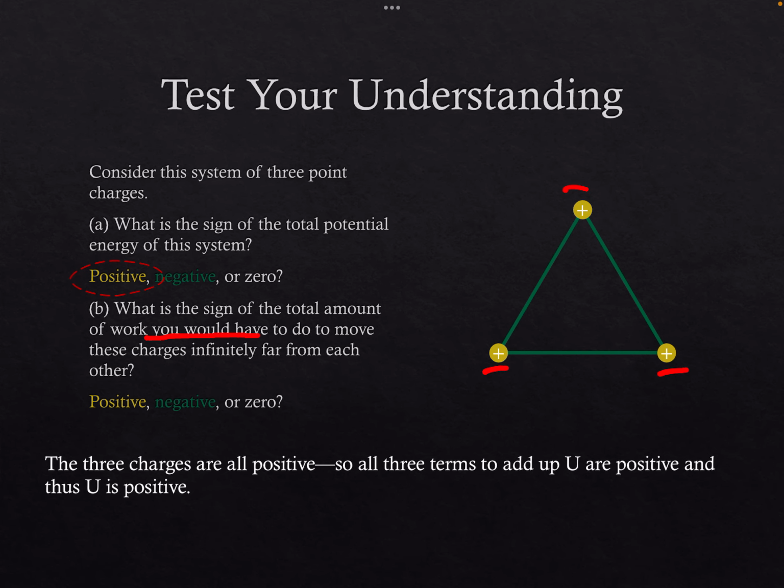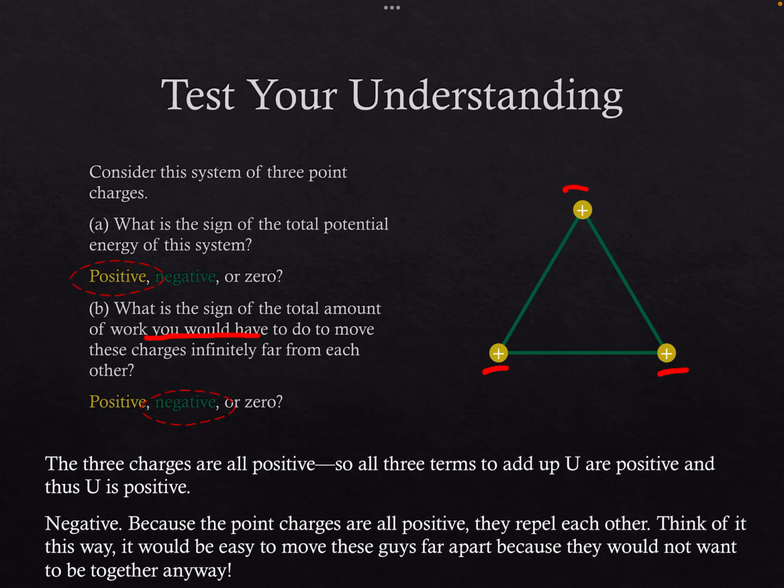So therefore the work by an external force, or the work by a person, to move those positively charged particles apart is going to be negative, because they already want to fly apart. The force due to the electric field is going to push them apart for me. So external work would be negative. It's going to do the work for me.